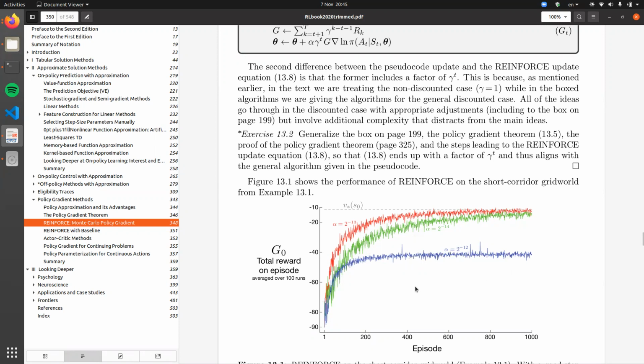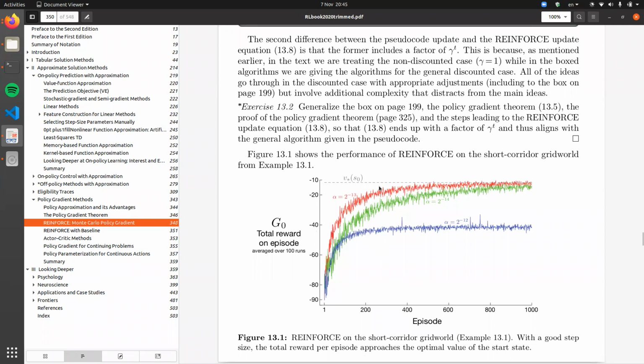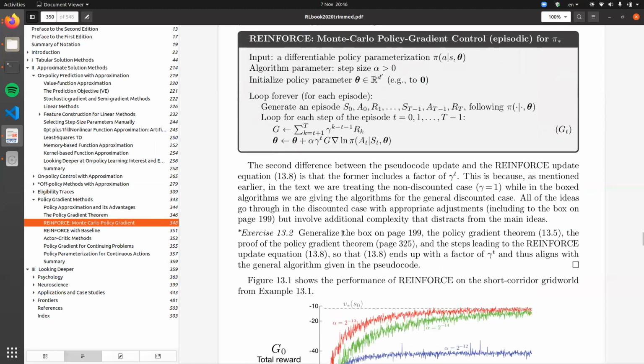I'm not sure. The numbers here are probably selected to make a point, because here you can see that we start with a less reasonable policy by setting theta to 0 here.